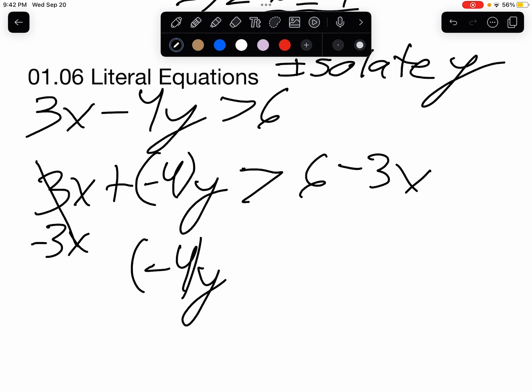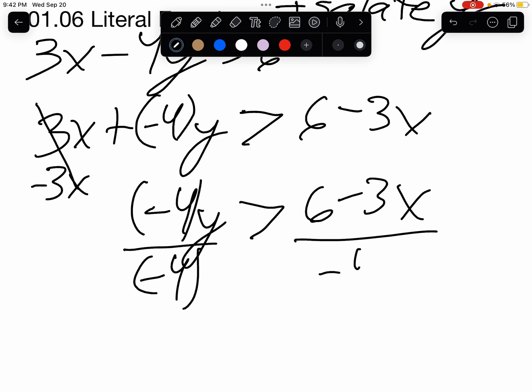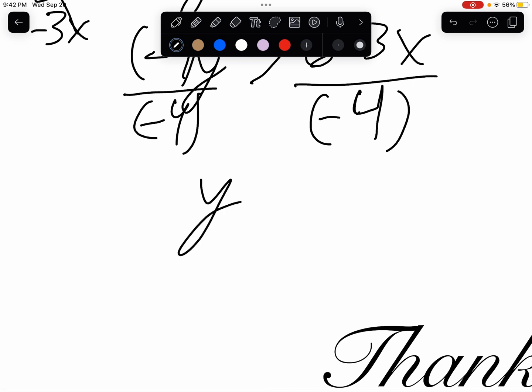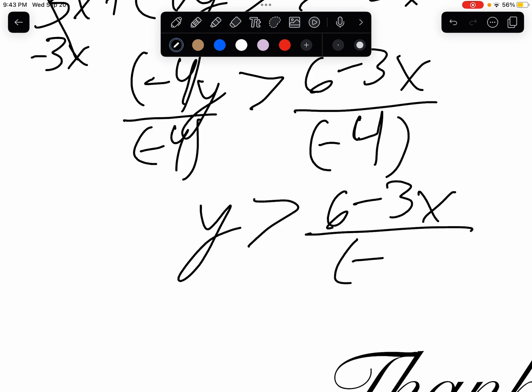Then you are left with -4y greater than 6 minus 3x. Then you divide -4 by both sides. And your answer is y is greater than 6 minus 3x over -4.